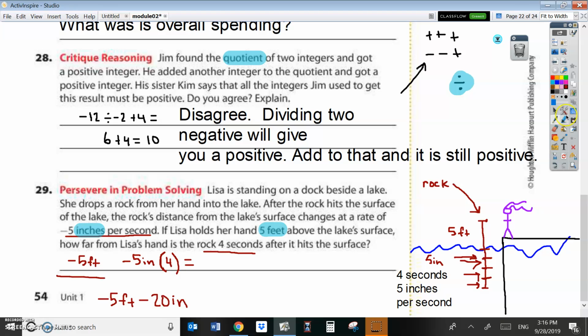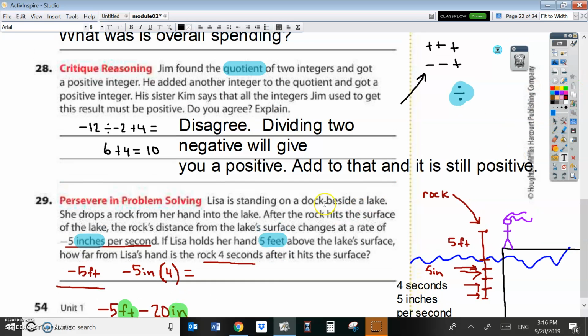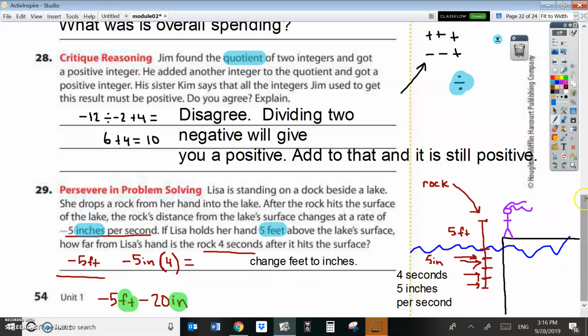But we have two labels here, and that's not going to work. We need to make them the same labels, feet and inches. So change the feet to inches. After we change the feet to the inches, we will have our final answer. We know 1 foot is 12 inches.